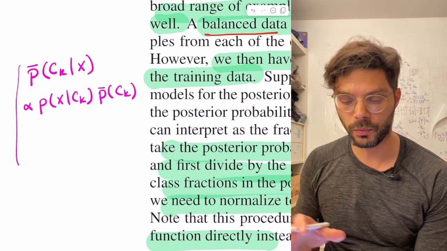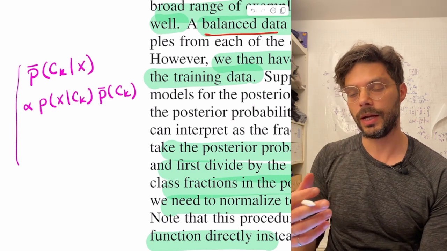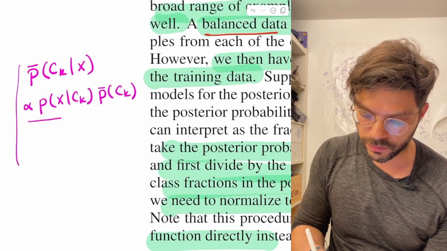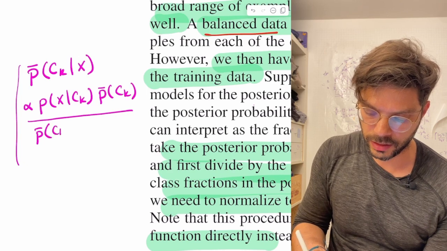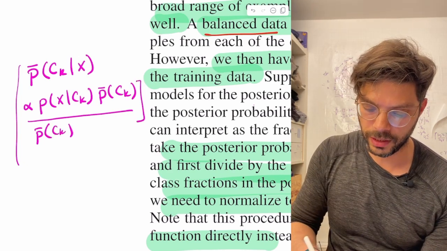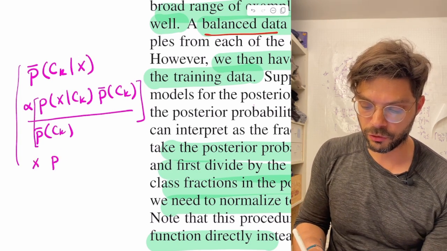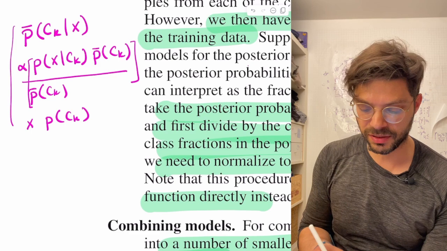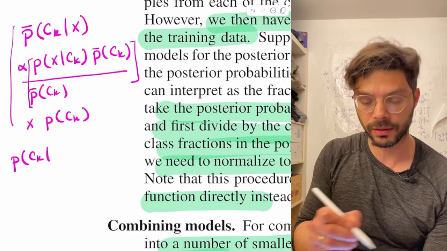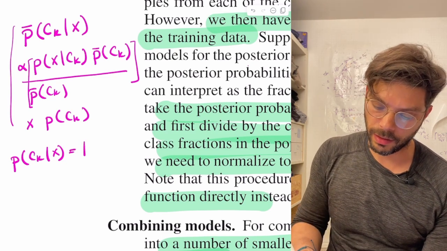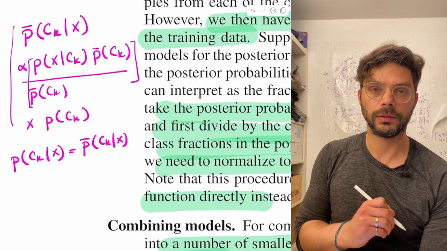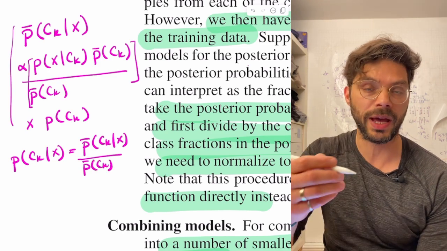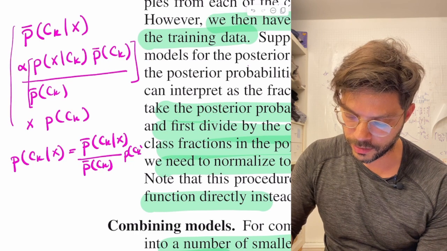Now he's suggesting the way we can fix the problem, and come up with a posterior that reflects the true distribution of data, is we take this product, divide it by P of C_k, and multiply the whole thing by the true priors. We'll take the bar off and say this is equal to our posteriors from the modified data set, divided by the priors in the modified data set, which we have because we created the data set, and multiplied by the true priors.